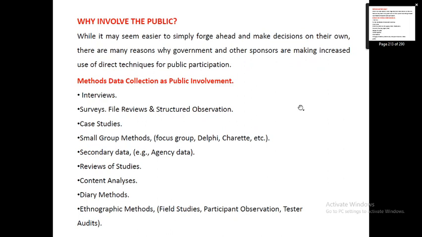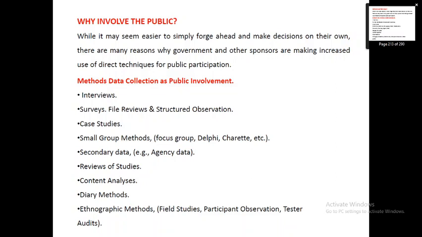So why should they involve the public is to ensure that the requirements of the target population are achieved in fulfillment, and also to make sure that the citizens of the area take what they want instead of making a bureaucratic decision.